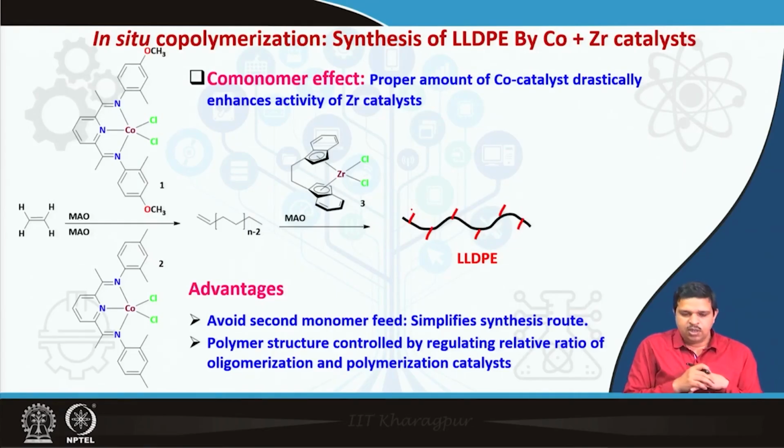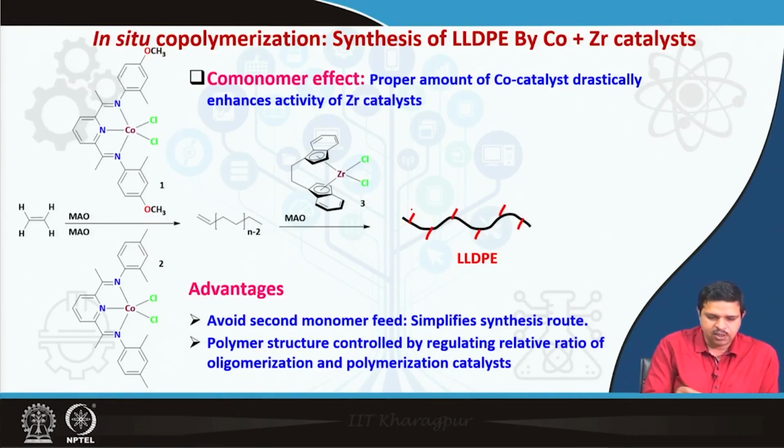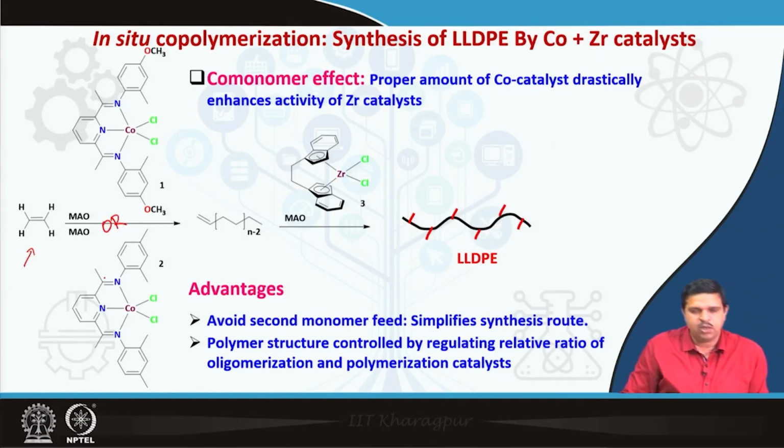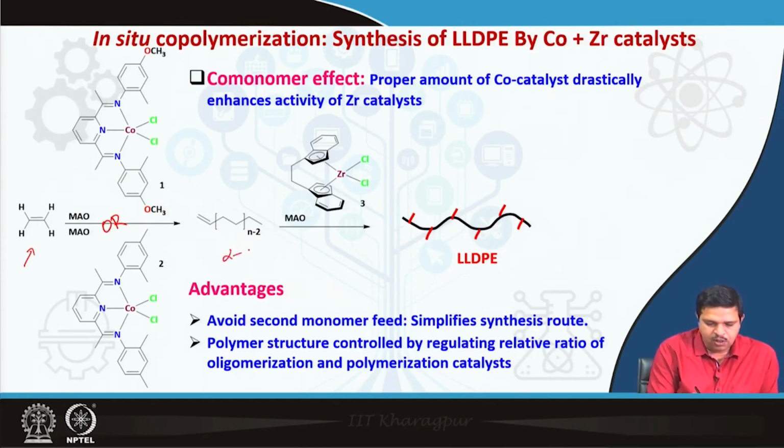Try to understand that if this is the ethylene and we use any one of these cobalt catalysts, you will get the alpha olefin.